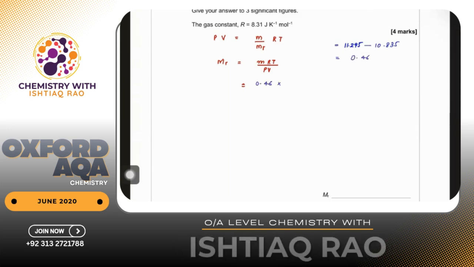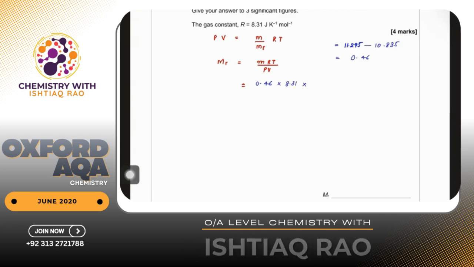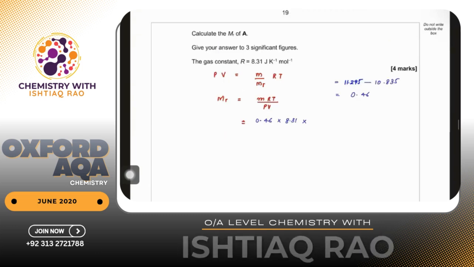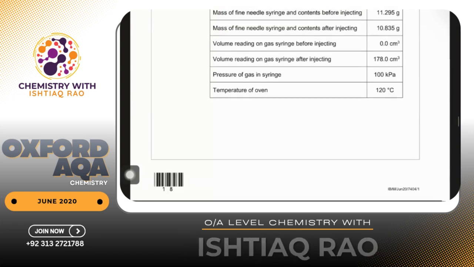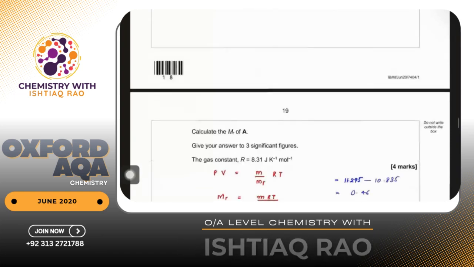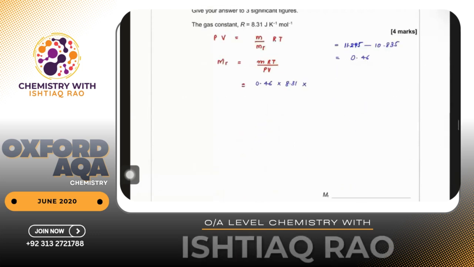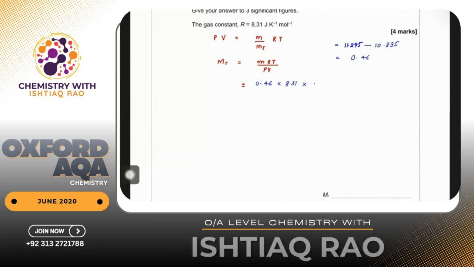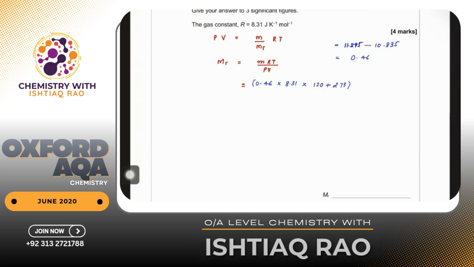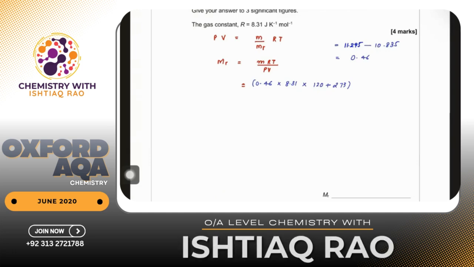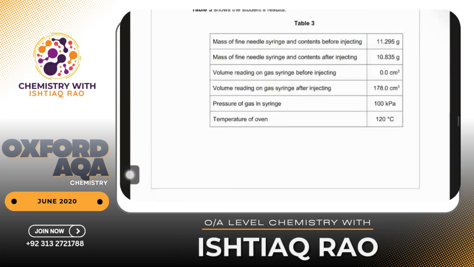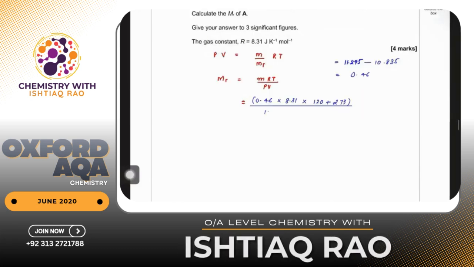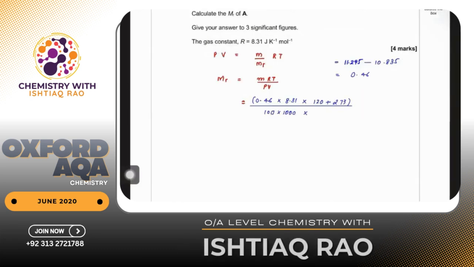0.46 multiplied by 8.31 multiplied by the temperature, that is 120 degrees Celsius. So 120 plus 273, then divided by P. Pressure is given, that is 100 kilopascal, so 100 is going to be converted into Pascal, multiplied by 1000, multiplied by the volume.